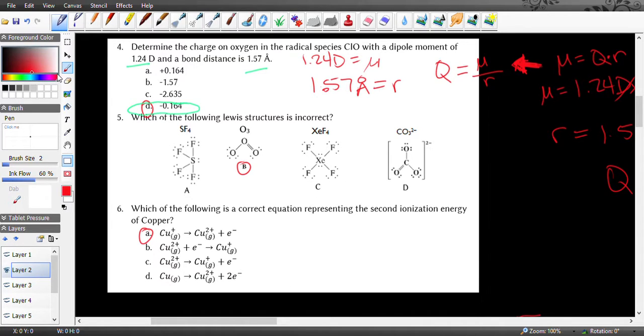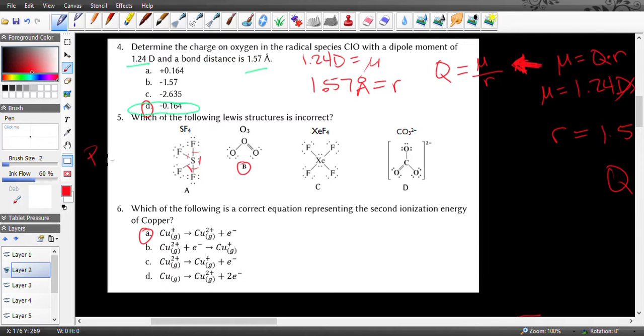All right. So this one is more conceptual, but the first thing I would do when looking at these is make sure everything at least has an octet. So sulfur: 2, 4, 6, 8, 10. When you see more than 8, you want to check and see if it's period 3 or below.